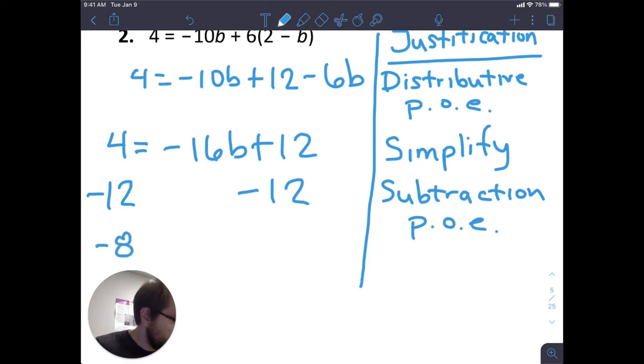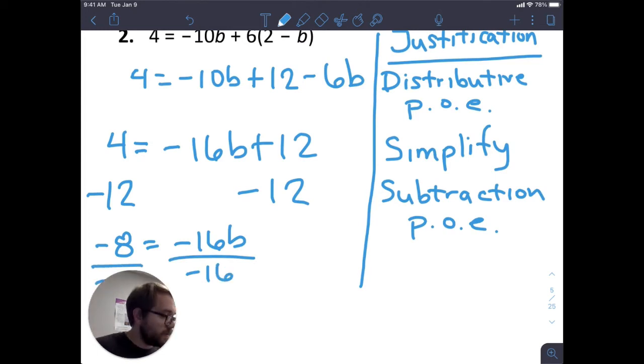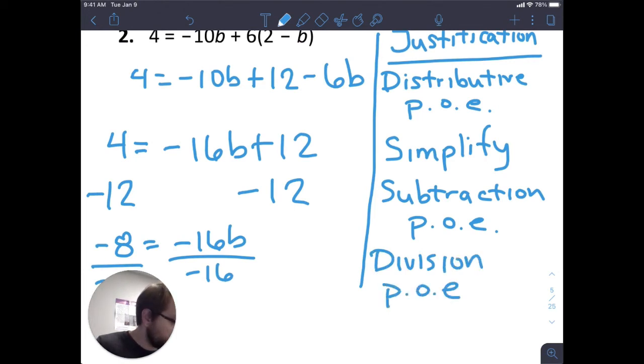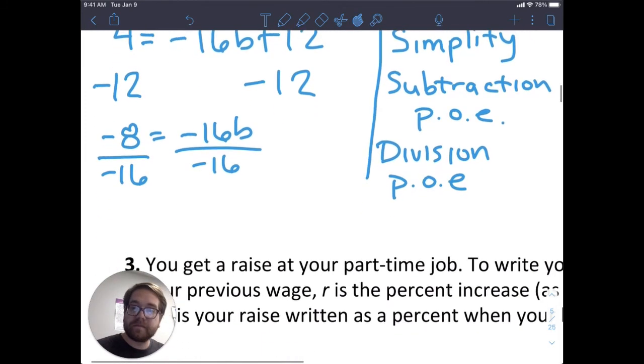So negative 8 equal to negative 16b. And then I'll divide by negative 16. That's the division property of equality, because it divided from both sides.